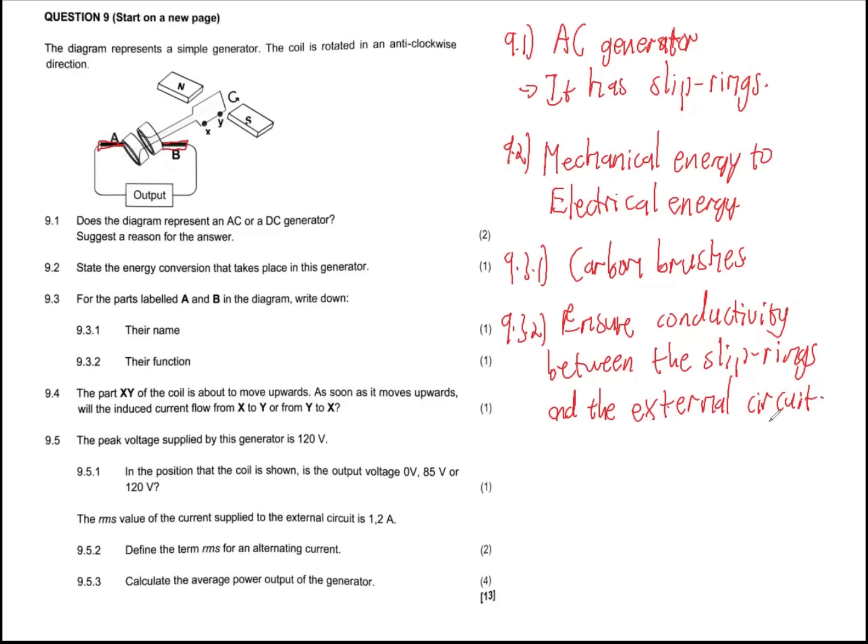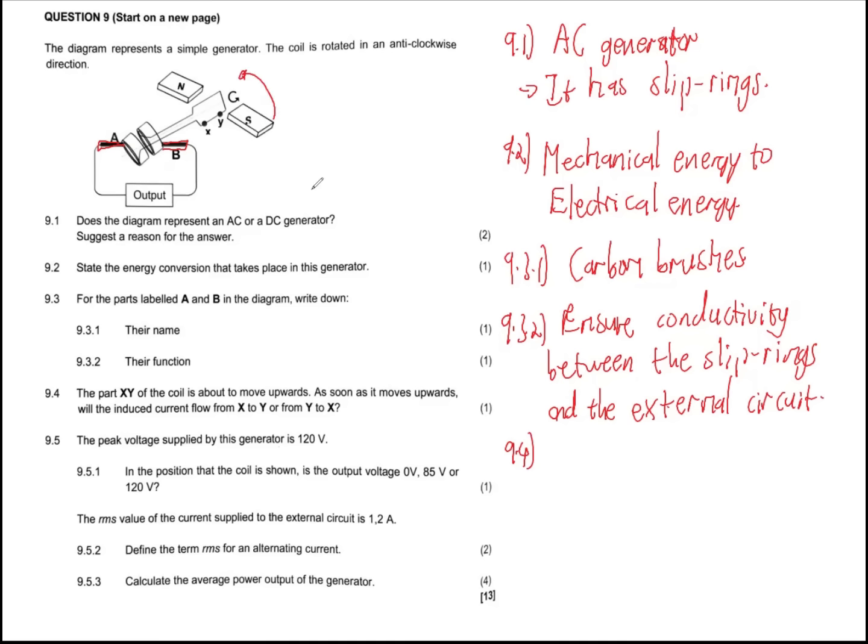Then 9.4, they say, the part XY of the coil is about to move upwards. As soon as it moves upwards, will the induced current flow from X to Y or from Y to X? Now note that this is a generator, right? They say the part XY is about to move upward. So this is going in an anti-clockwise direction, right?